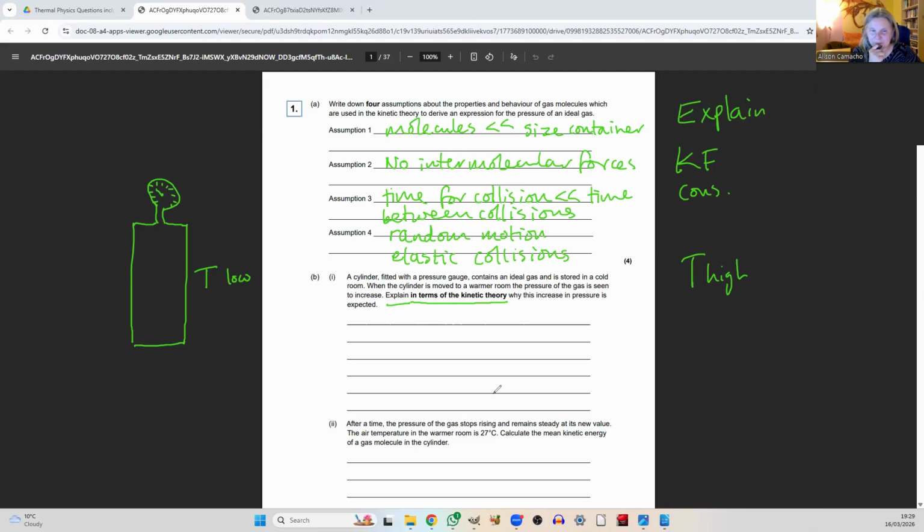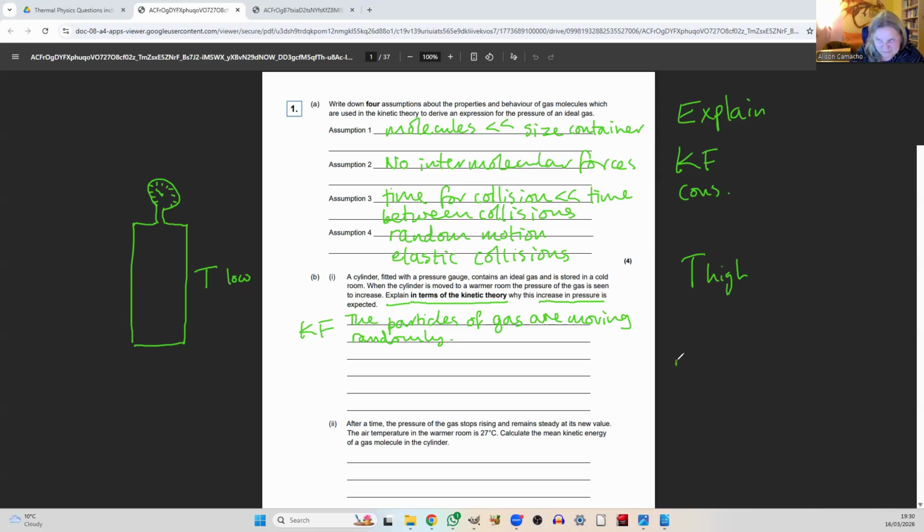Would it be random motion? Yes, it is. So my key fact is the particles of gas are moving randomly. Now we've got to explain the increase in pressure.